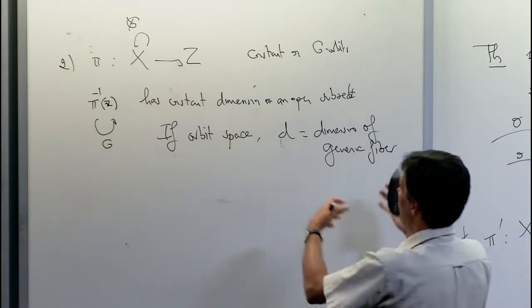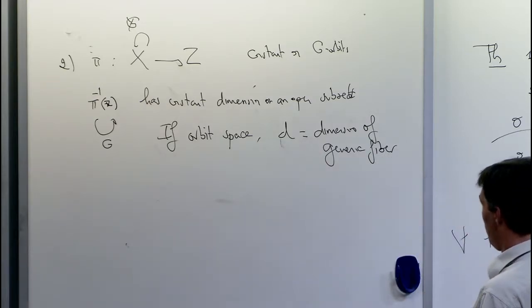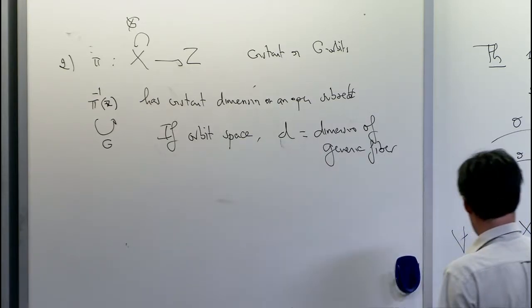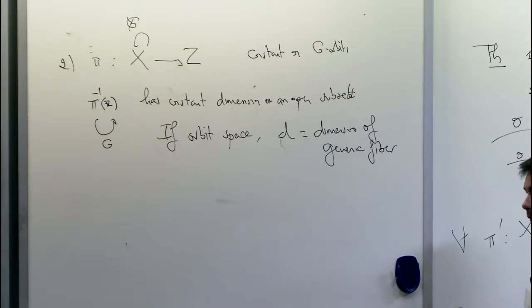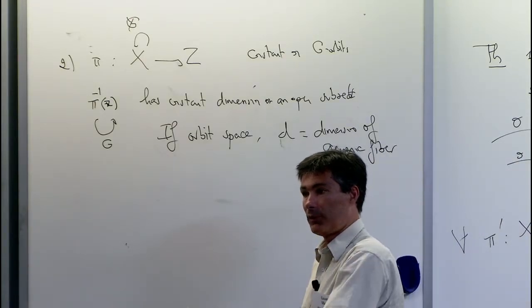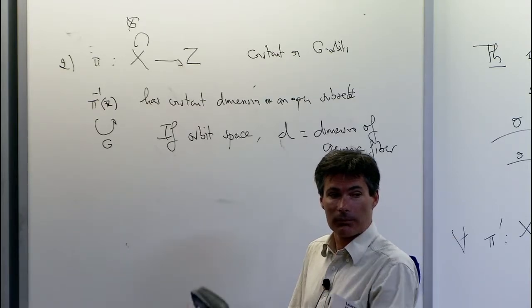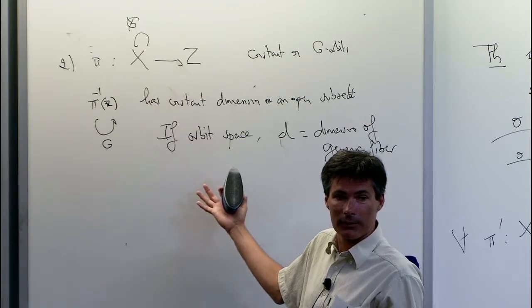And then the other fibers would be bigger dimension. So if we think that the picture would be that in the fiber we have an orbit plus possibly something in the closure. This is excluded by this little remark.